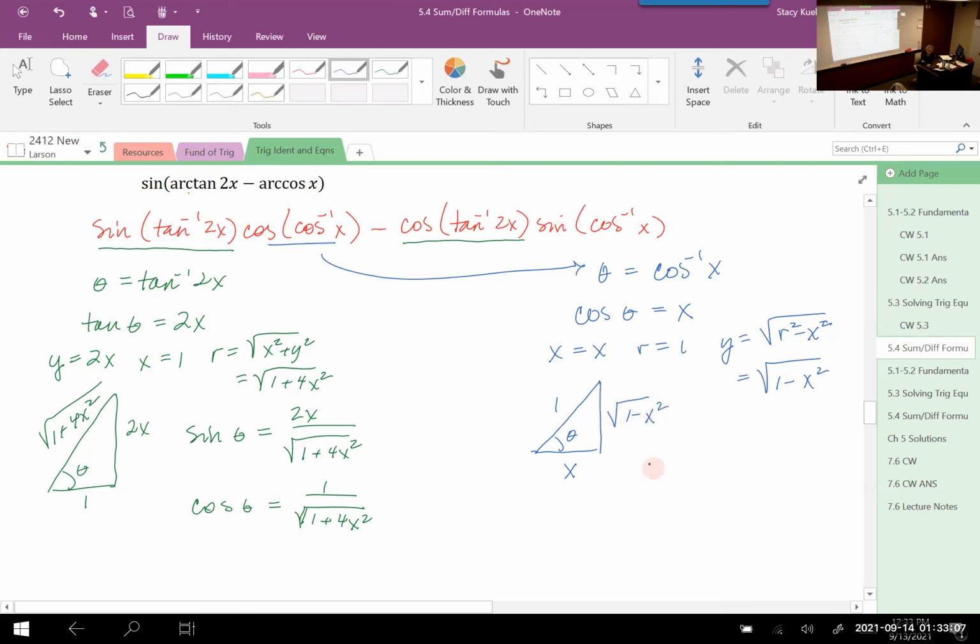And so I can come back and say, okay, well, I already know that the cosine of theta is equal to x. We kind of defined that already. It was pretty easy to see.